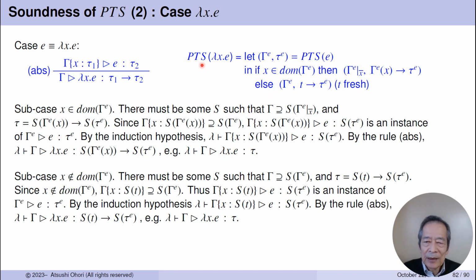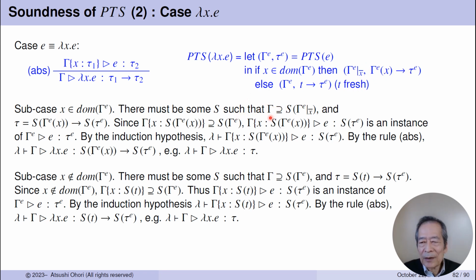And then this definition has a conditional branch according to whether x is in domain of gamma E or not. So there are cases corresponding to this condition, right? So subcase x is in domain of gamma E. Now we reason about the given instance of this one, according to the definition.